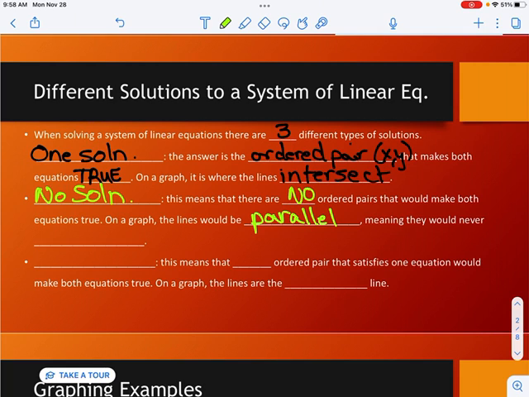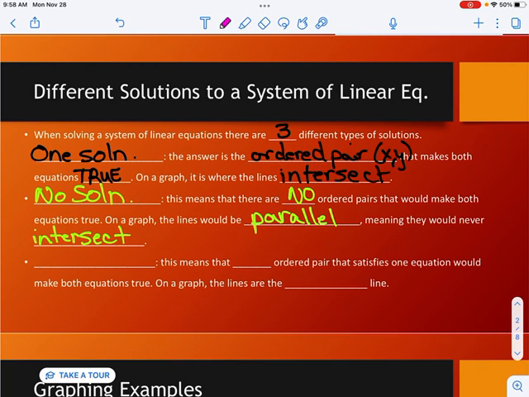In order to not cross, those lines have to be parallel, meaning they would never intersect. The solution is where the lines intersect, and since they're parallel, they would never intersect. That is why it's a no solution answer.